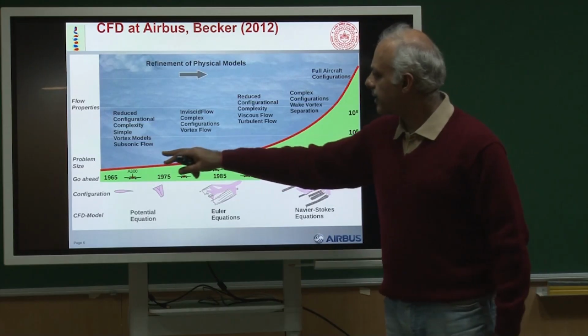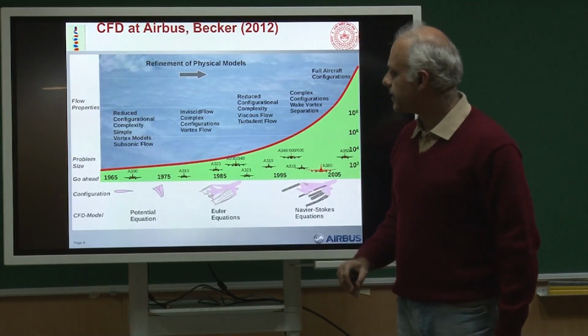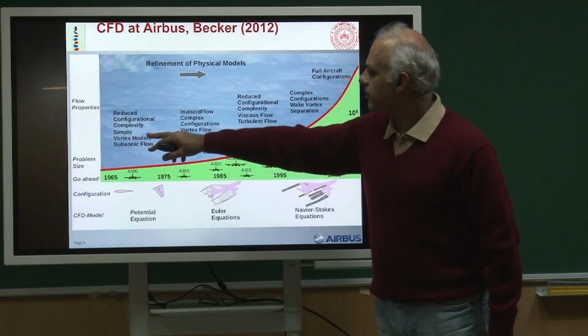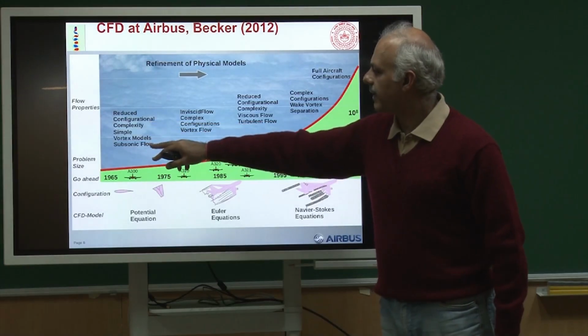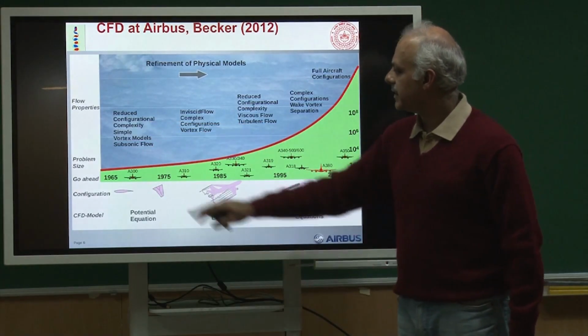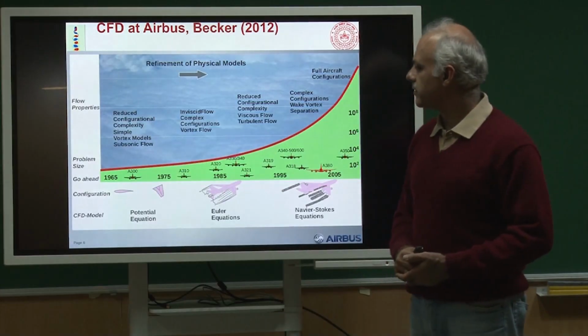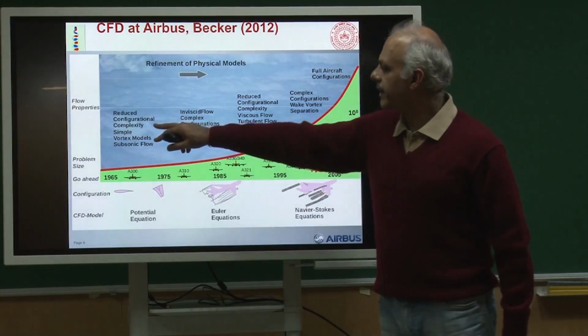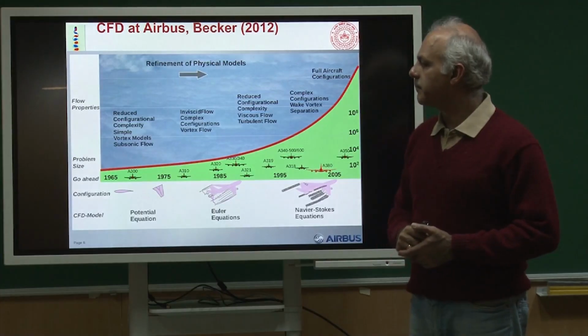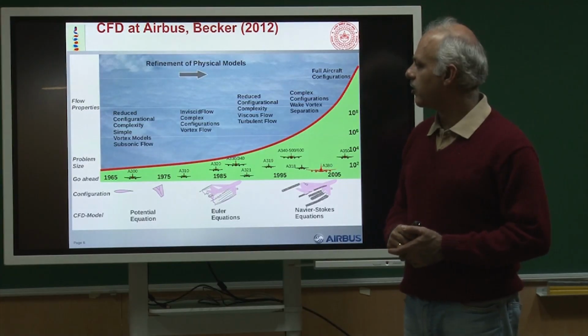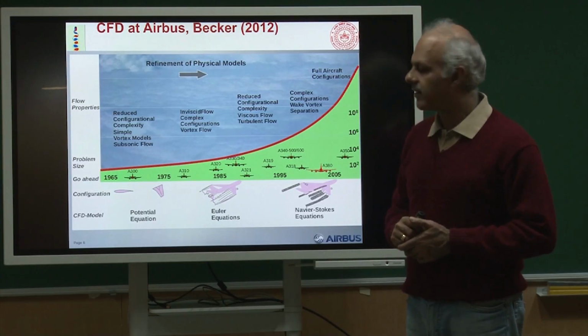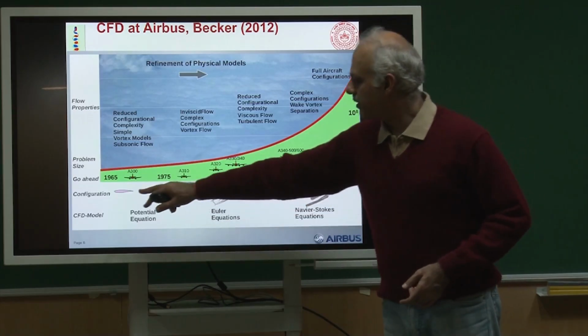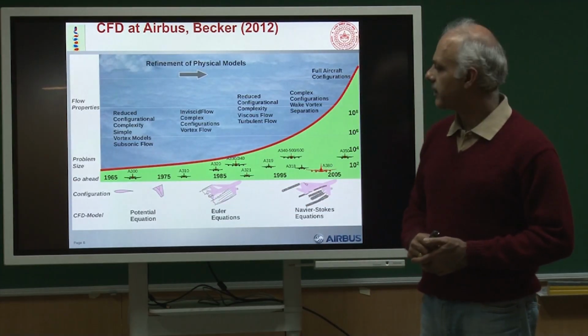So, this is what the description is. These would be simple vortex models and mainly subsonic flows in the late 60s or so. So these would be very small, very simple geometries, and the complexity is at a very minimal level. We have already shown here something like airfoils.